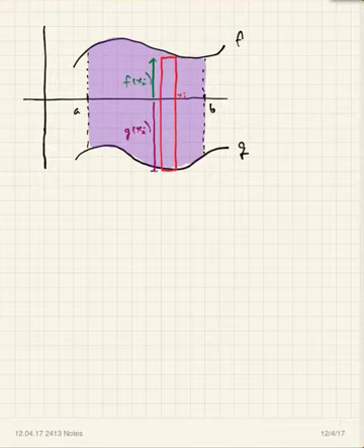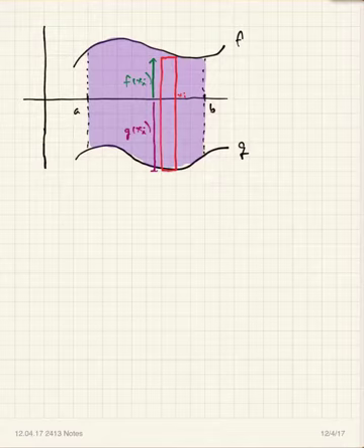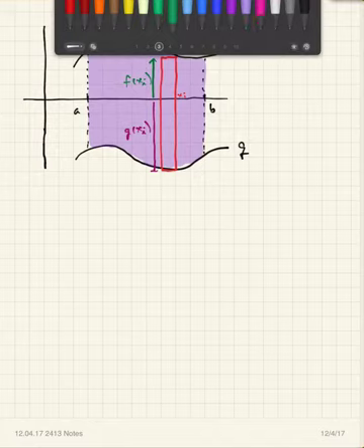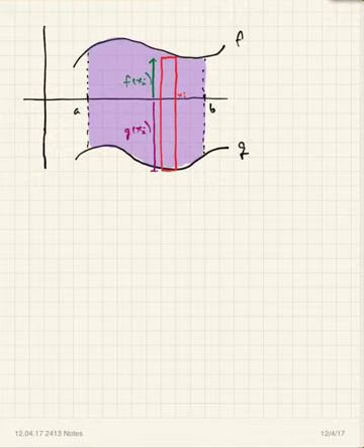Now, one thing I want to point out is because that piece of the rectangle is below the x-axis, g of x sub i is a negative number. What we were trying to do is see if there's any difference in trying to find that total height, right? The total height in this picture would be represented by this distance right here. This would be our total height.